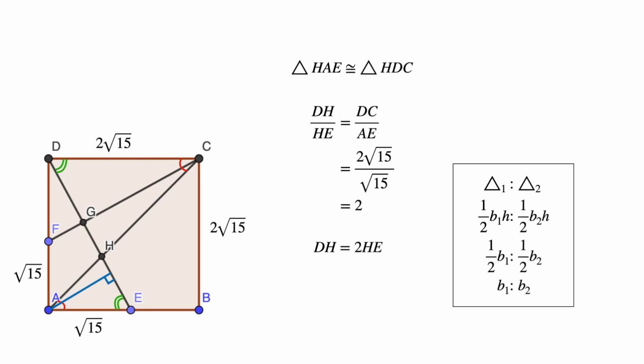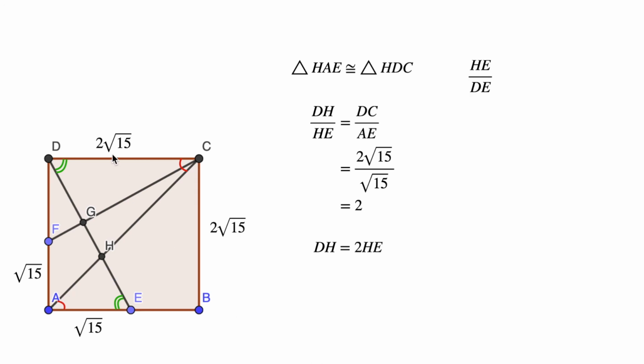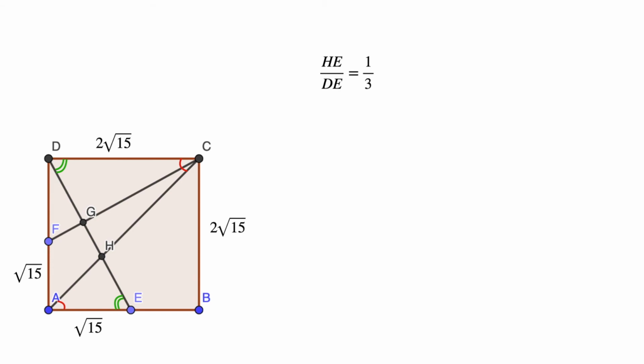So to find this ratio in base, HE over DE, we break down DE into DH plus HE. Since DH is just 2HE from this equation, we can simplify the ratio down to 1 over 3.